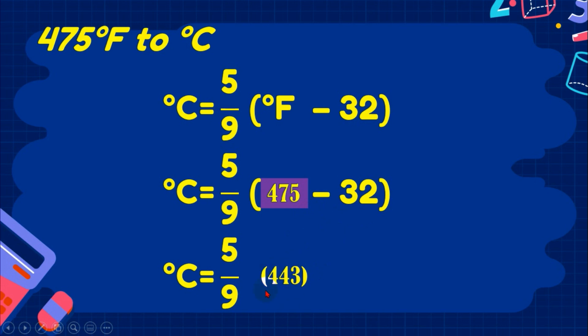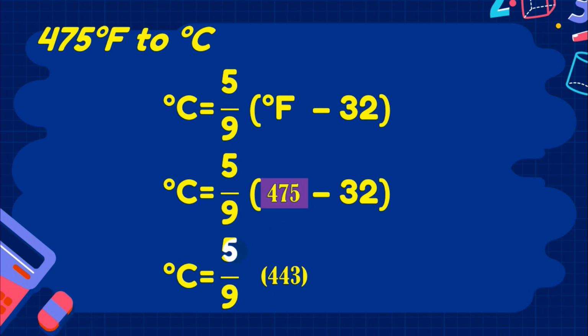Ngayon, etong 443, please listen carefully. Etong 443 mo ngayon, ang gagawin mo ngayon is ita-times mo siya kay 5. Okay, shortcut na 'to ha. Ita-times natin siya kay 5. So, pipindutin mo sa calculator mo, 443 times 5 equals.